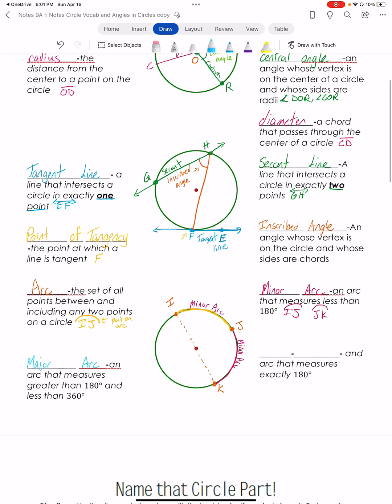So a major arc, I just have to make one point, is if we are talking about, let's say, this arc right here. So if I'm going from here and I'm going all the way around the inside, all the way to here.